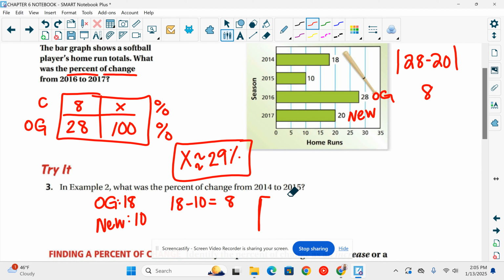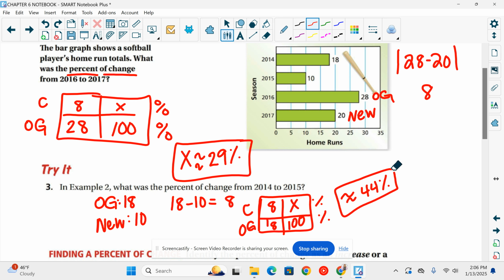So when you made your percent box, percent, 100, change over original, your change was 8, your original was 18. When you cross multiplied and divided, you should have got approximately 44%.